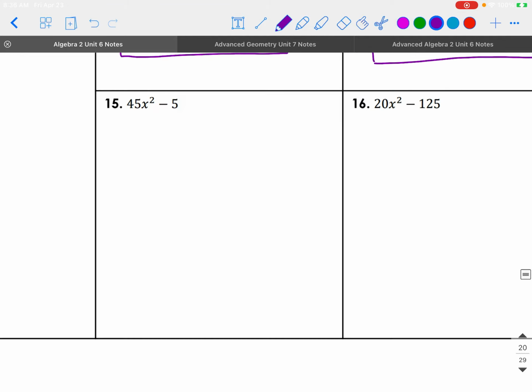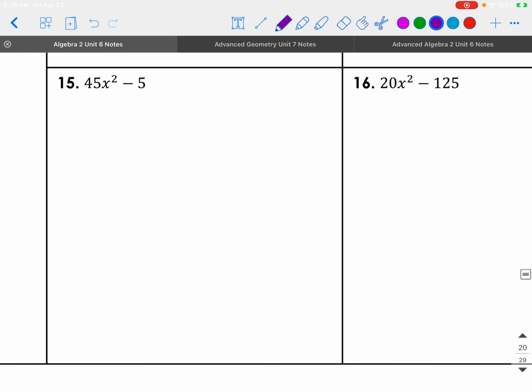All right, 2 more examples. I know this has been a long video. Hopefully you've stuck it out. So number 15, is there anything they have in common? Yes, you can divide both of these by 5. So that leaves me with 9x squared minus 1.